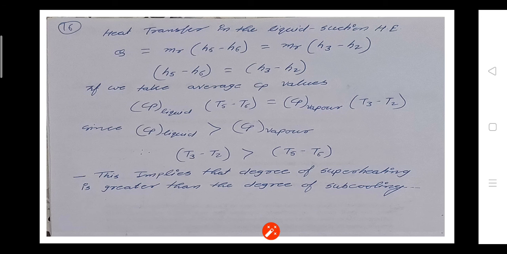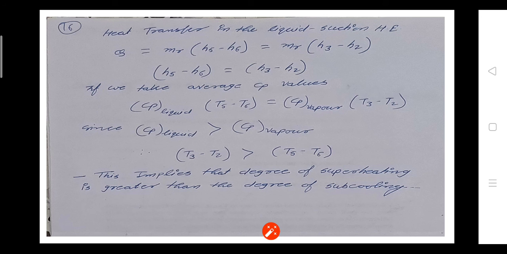We know that the Cp of liquid is greater than the Cp of vapor. If the Cp of liquid is greater than the Cp of vapor, it means that T3 minus T2 is greater than T5 minus T6, because of these two equations.